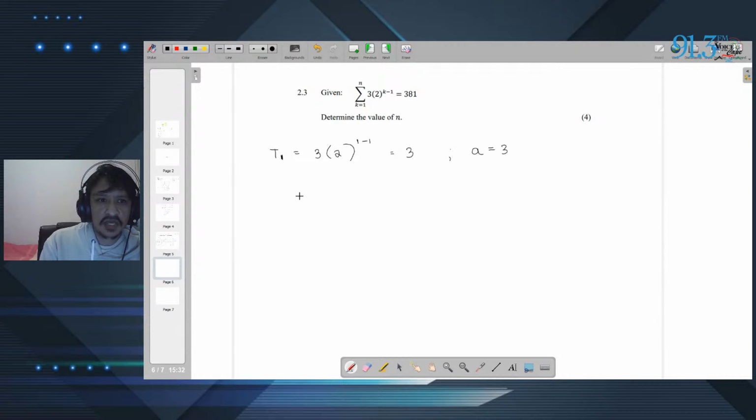We can go ahead and let's see what the second term is. This is 3 times 2 to the power of 2 minus 1. So that's going to be 1, and our answer is going to be 6.